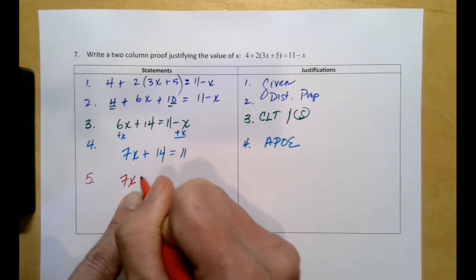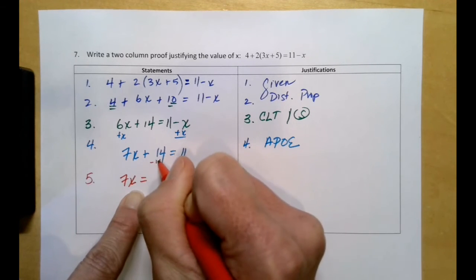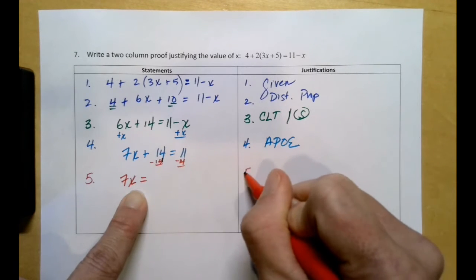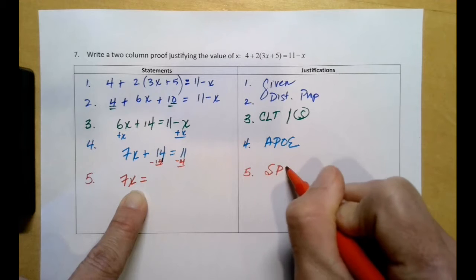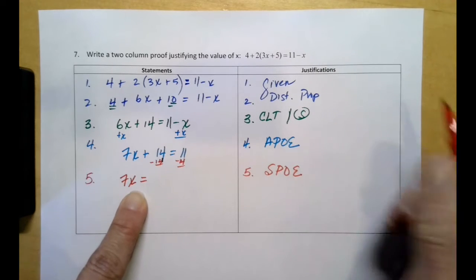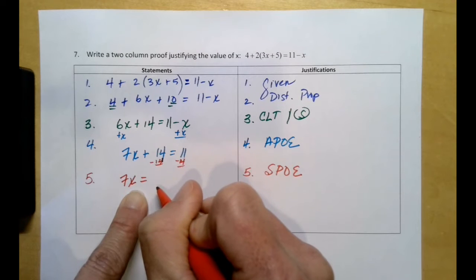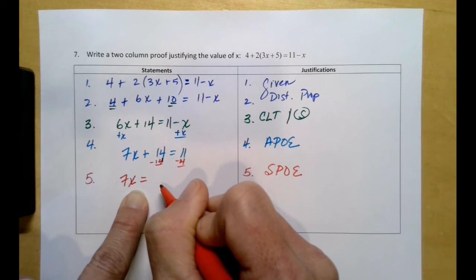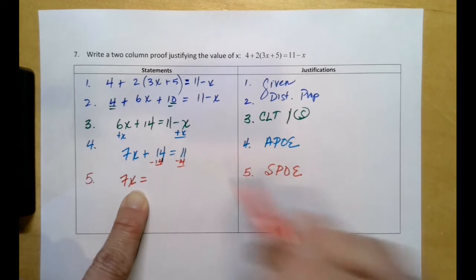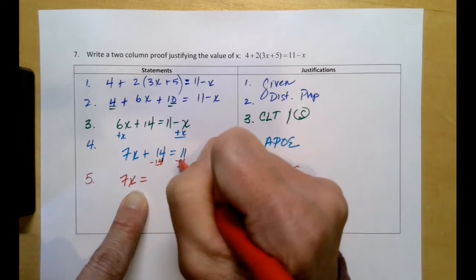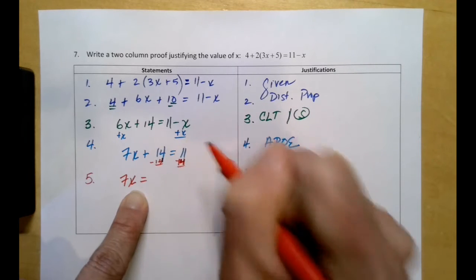All right, so number 5, we have 7x is equal to, let's go ahead and subtract 14 from each side, and that's our subtraction property of equality. So it looks like I got a negative 7. No, not 7, that's 14.